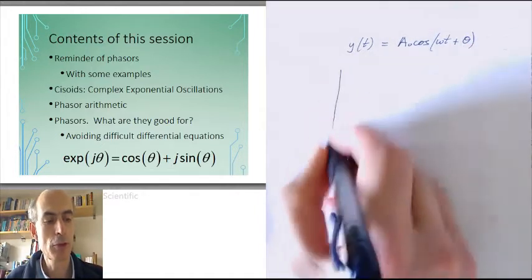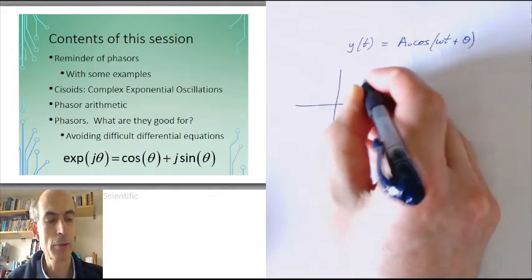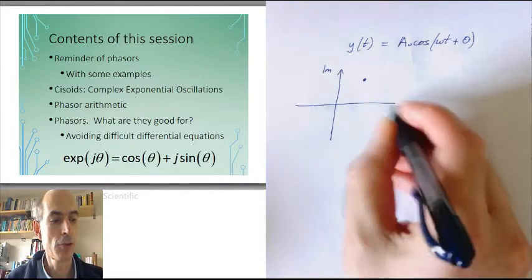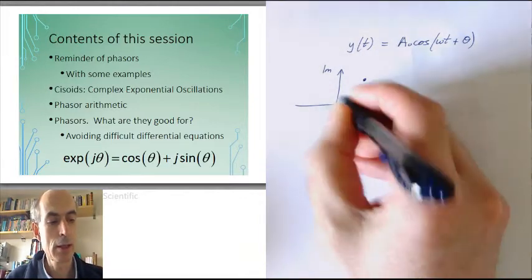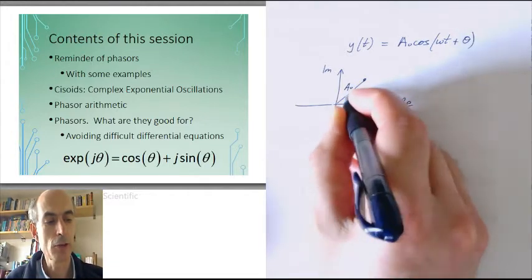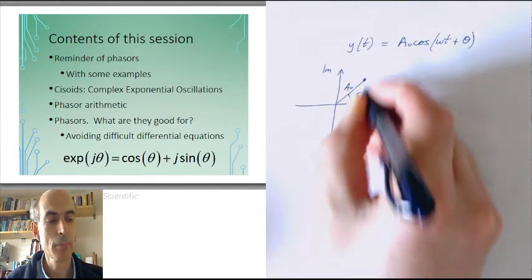So that would be represented by a complex number there, where this is the imaginary axis and this is the real axis. And the distance from the origin would be A0, and this angle there would be theta.